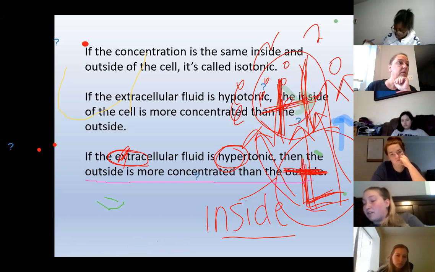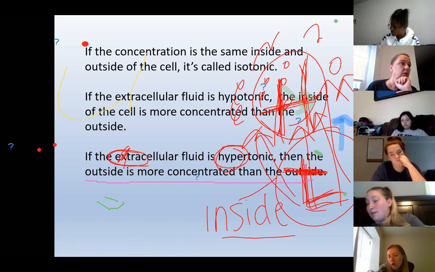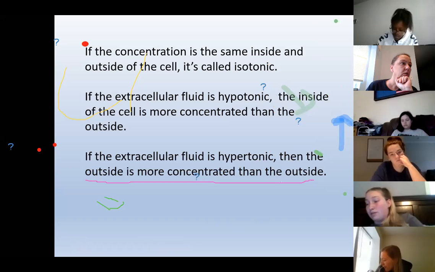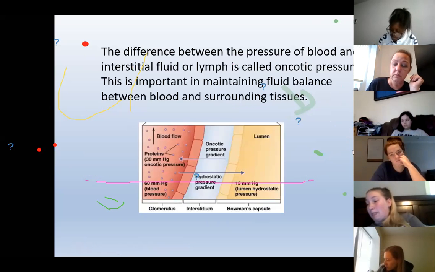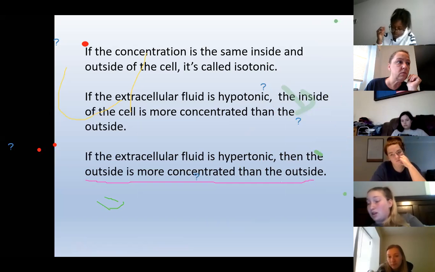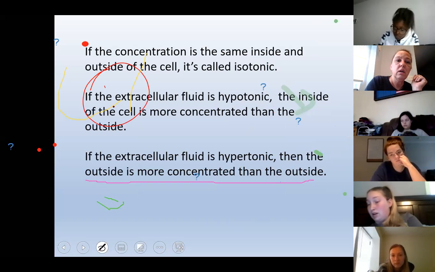If I have diffusion, high, low, then you're right.